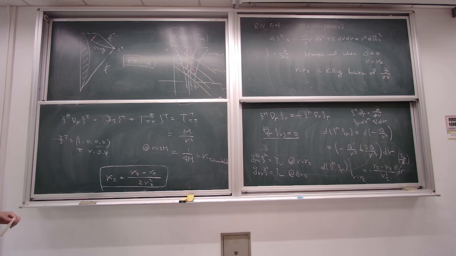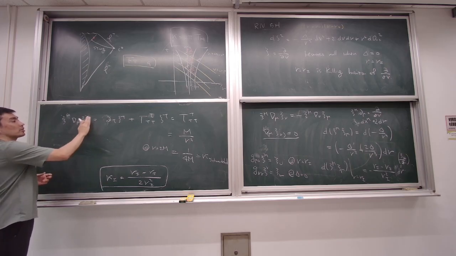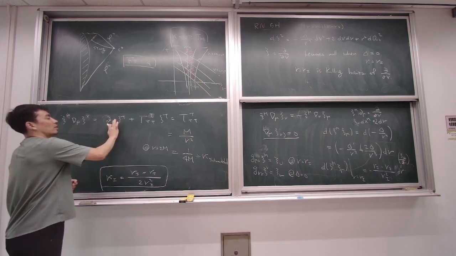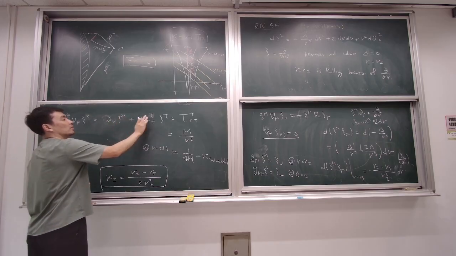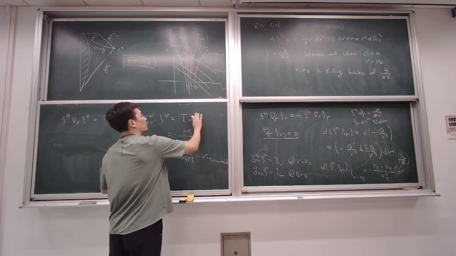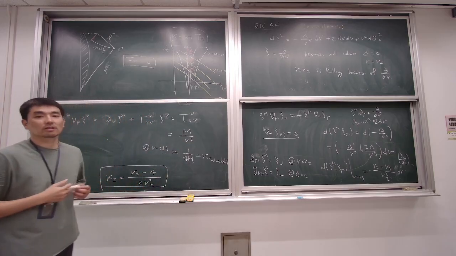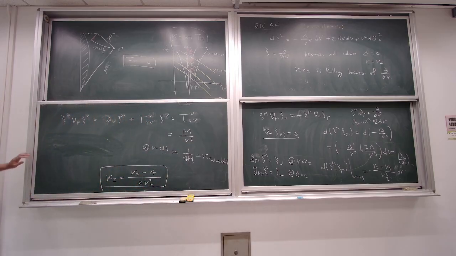Anyway, if you use Eddington-Finkelstein, everything becomes B, B, B, and B. And this is correct. That I know.